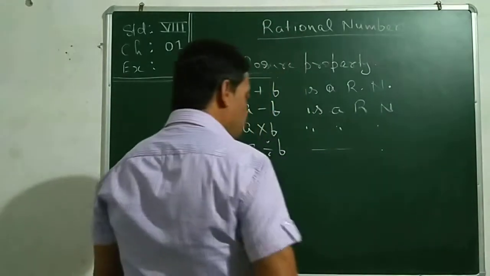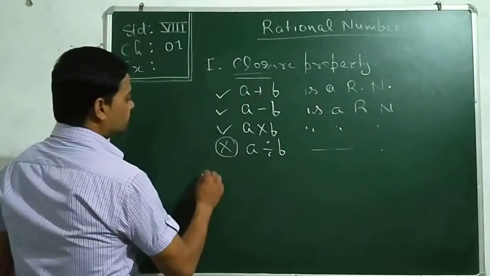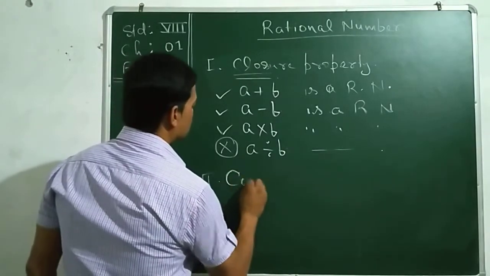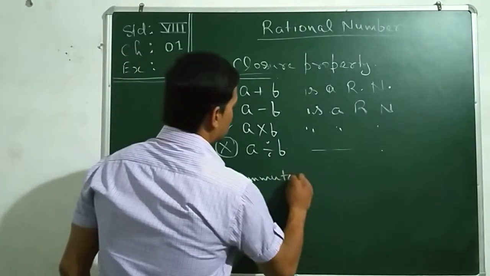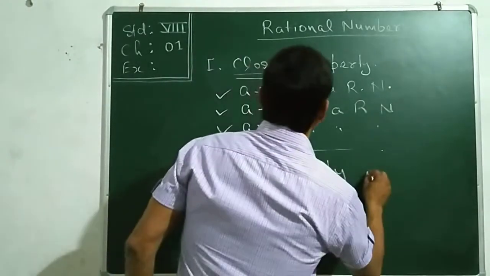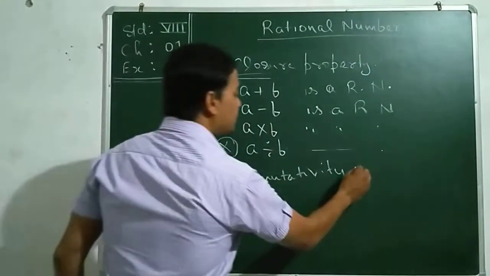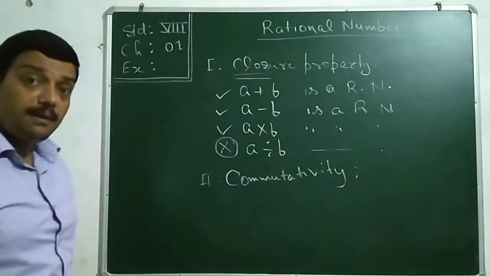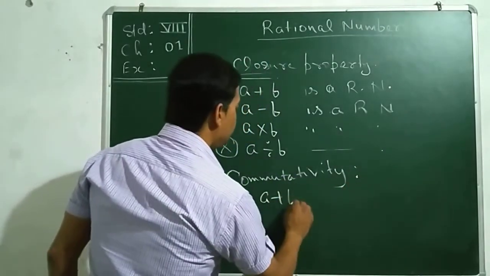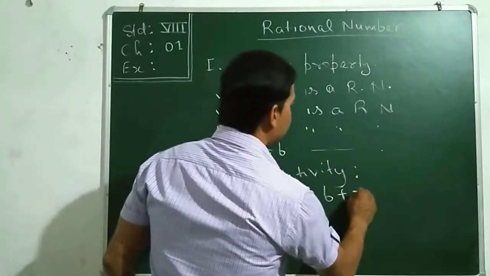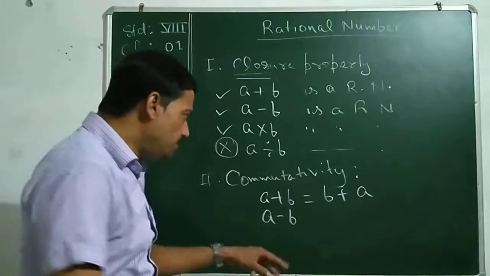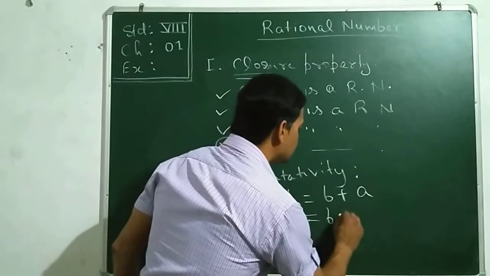Now the second property is commutativity. The commutativity property says if A and B are two rational numbers, then A plus B will be equal to B plus A. A minus B, will it be equal to B minus A?